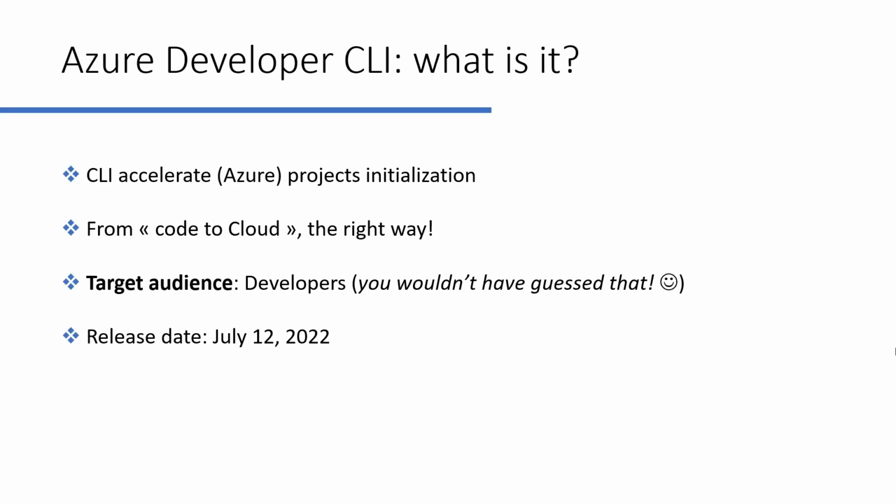Azure Developer CLI is a CLI that accelerates Azure project initialization, so we can go from code to cloud the right way. The target audience here, as you have guessed, are developers. And Azure Developer CLI was first released on July 12, 2022, so it's a fairly new CLI.